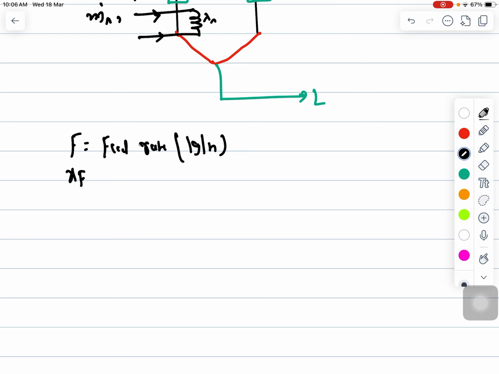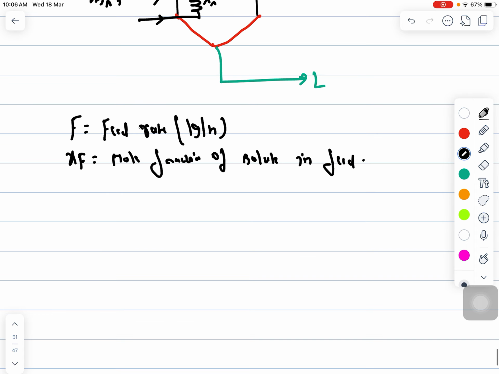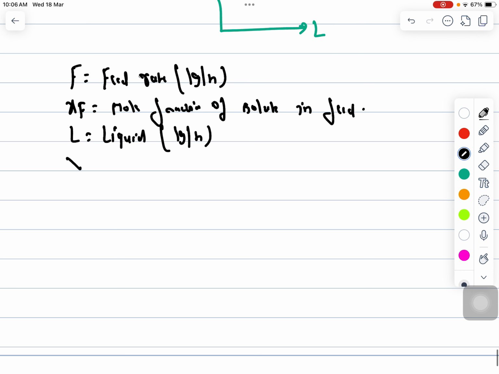Assume xF is the mole fraction of solute in the feed, L is the liquid coming out at the bottom of the evaporator in kilogram per hour, and V is the vapor flow rate, also in kilogram per hour.